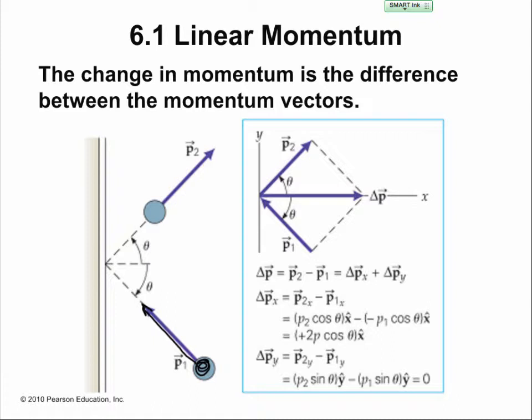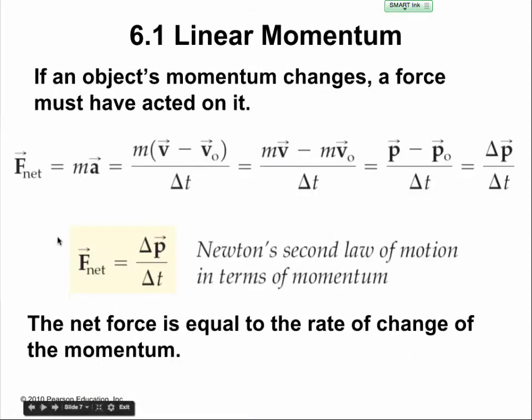So I'm jumping ahead and letting you know that momentum is definitely conserved. To sum up all the forces, well, not forces, I shouldn't use the word forces, but remember when we summed up the forces to find out what the net force was in x and y, we do the exact same thing, except now we're using mass times velocity, and we call it momentum, okay? So now, if an object's momentum changes, a force must have acted upon it.